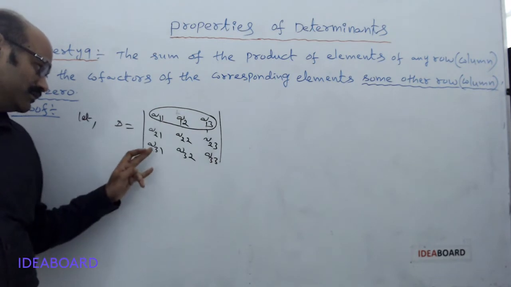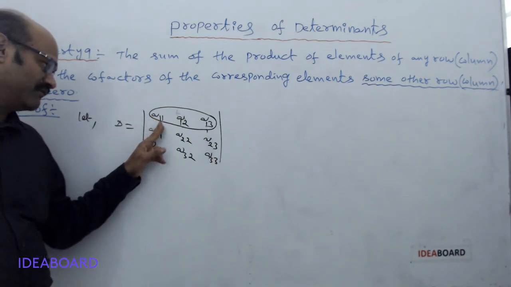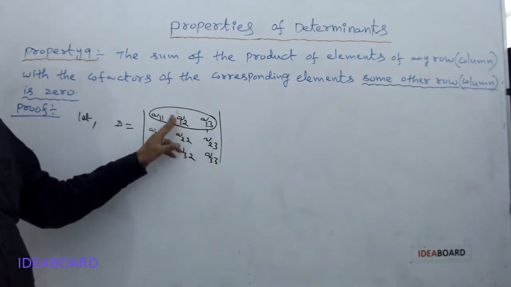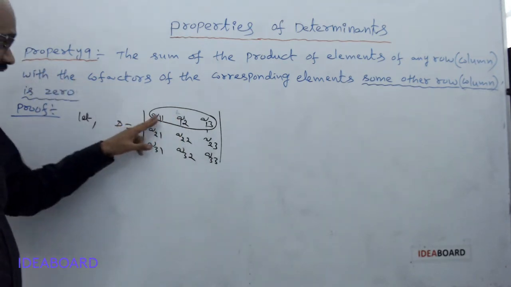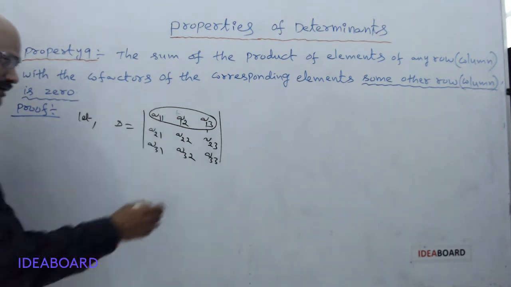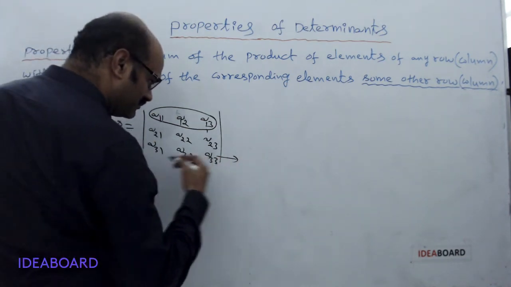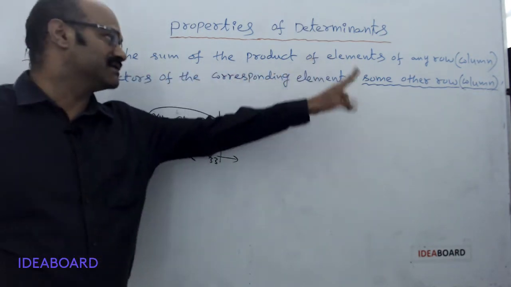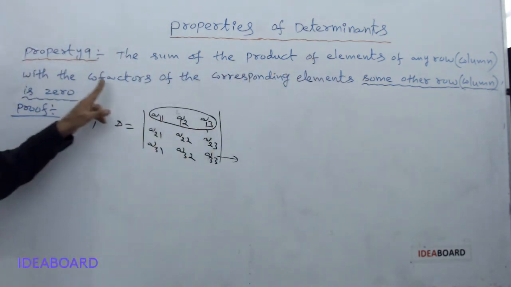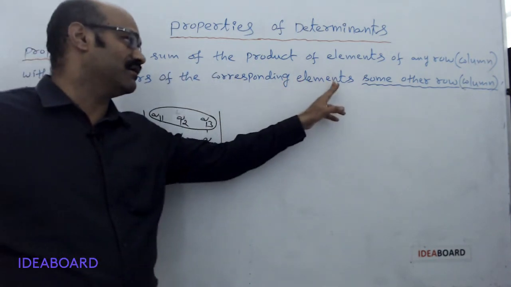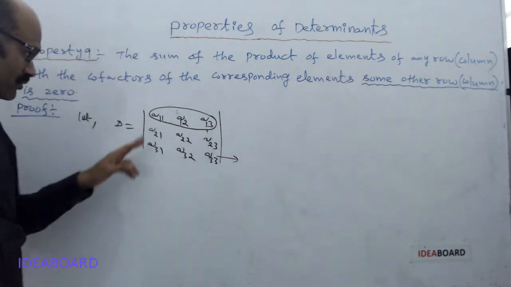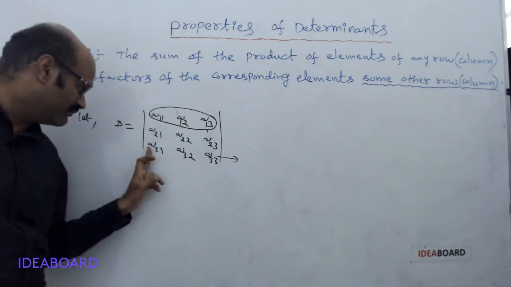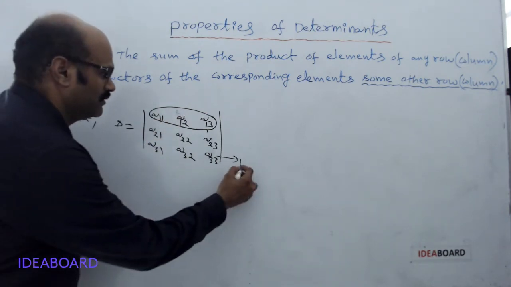Now here we know that cofactor of small a11 is denoted by capital A11. Cofactor of A12 denoted by capital A12. Now here I will take these elements and I will take the cofactors of R3. The sum of the products of elements of any row with the cofactors of the corresponding elements of some other row. Don't take the same row. Some other row we have to take here.